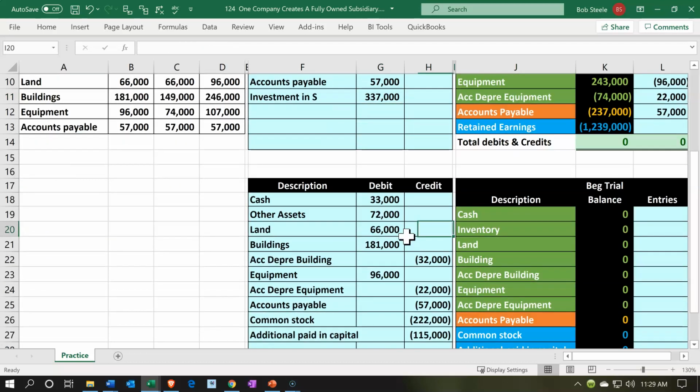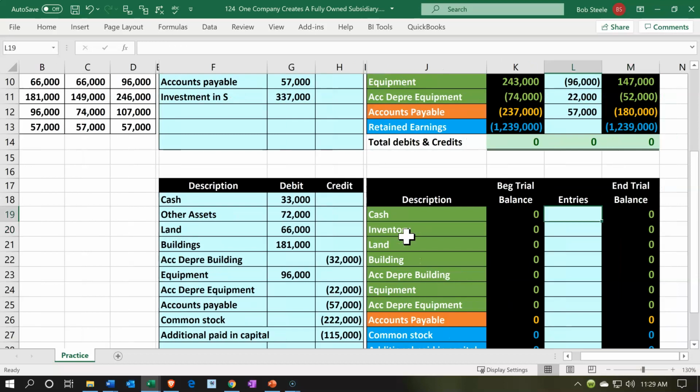Let's record it out, check it out. So we had nothing here before because this is a new, fresh entity that has been created. We just created it with nothing. We made this thing out of nowhere. It's amazing. So it's going to be the 66. We're going to pull over the building. And then we've got the accumulated depreciation, the equipment.